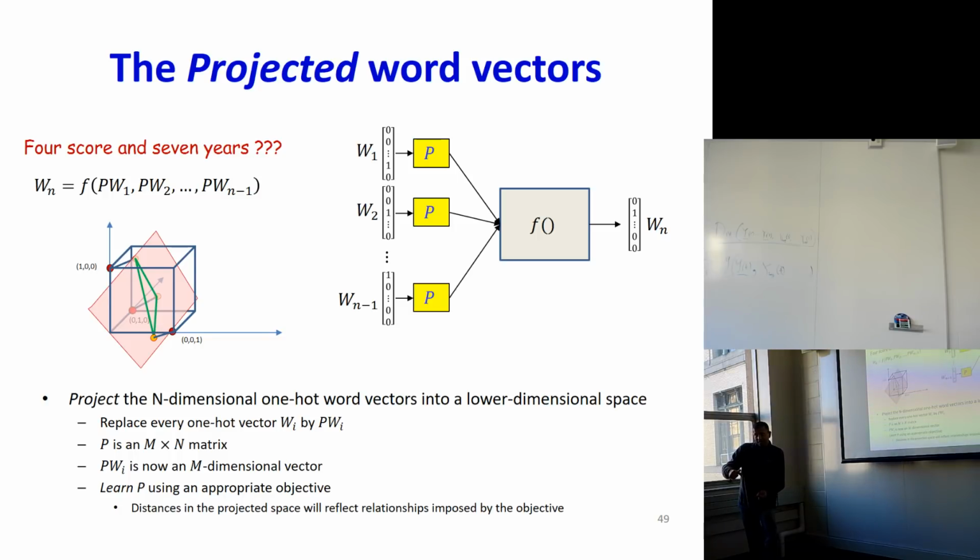If m is less than n, I'm actually reducing the dimensionality of my representation. The ith word, which was represented by the one-hot vector wi, is now represented by P times wi. And if P is properly learned, then you expect that the arrangement of words in this lower dimensional space actually has some meaning.